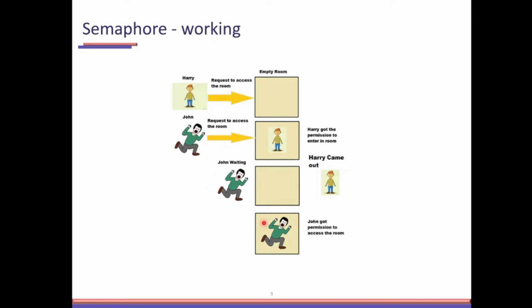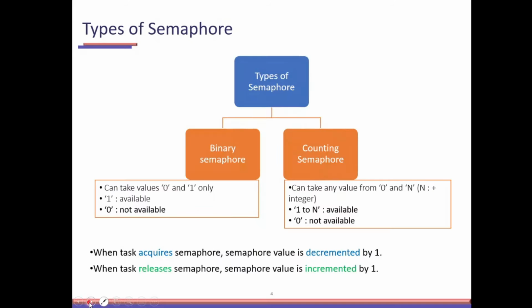So this is exactly what happens when we are using a semaphore. When multiple tasks want to use a common resource, only one will be given access, and access is given to the next one after the first completes its task.